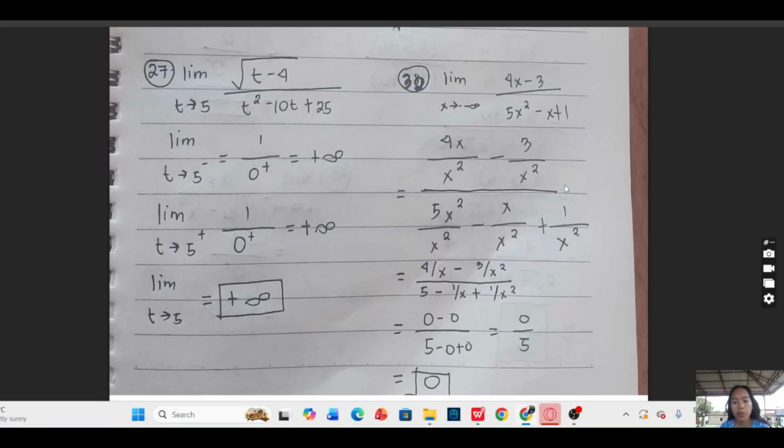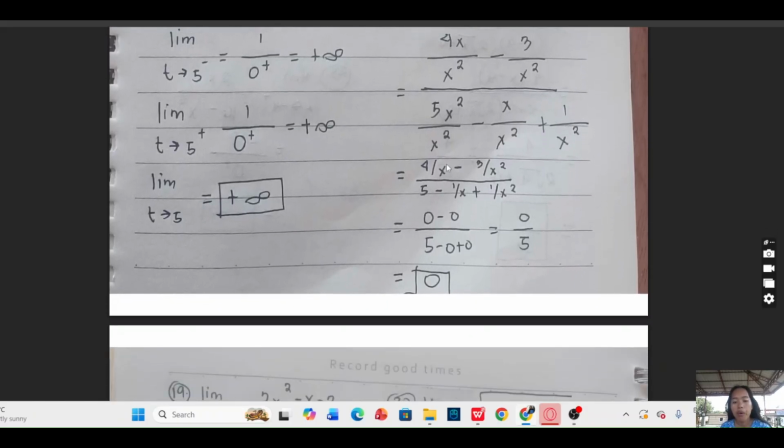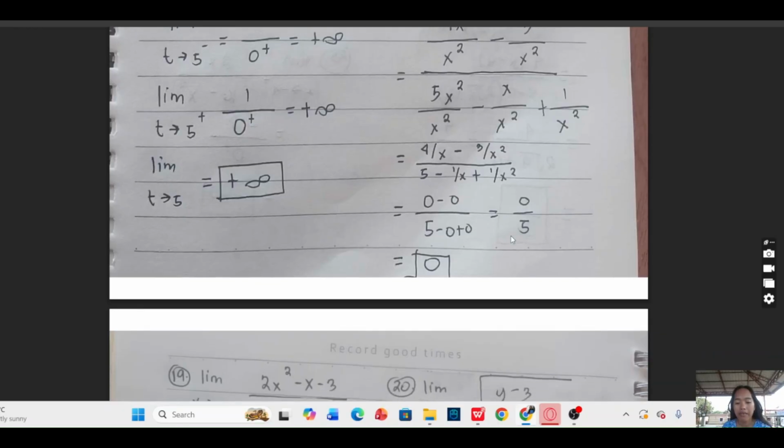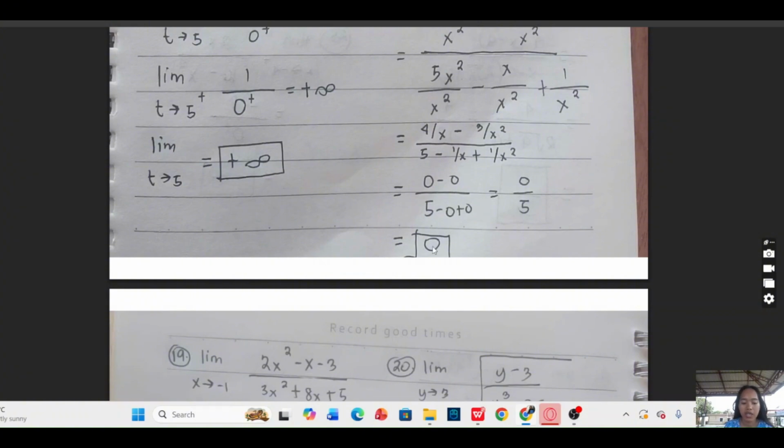That would be 4 over x minus 3 over x squared, all over 5 minus 1 over x plus 1 over x squared. If we solve this one, we attain 0 minus 0 all over 5 minus 0 plus 0. That would be equal to 0 over 5, and our answer would be 0.